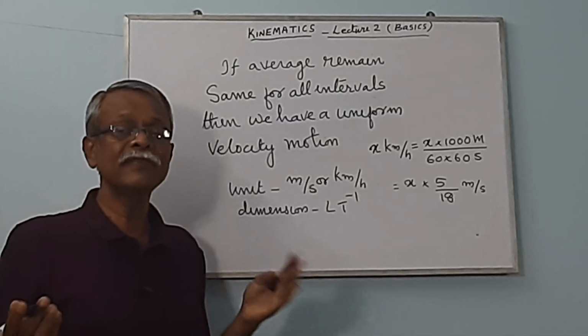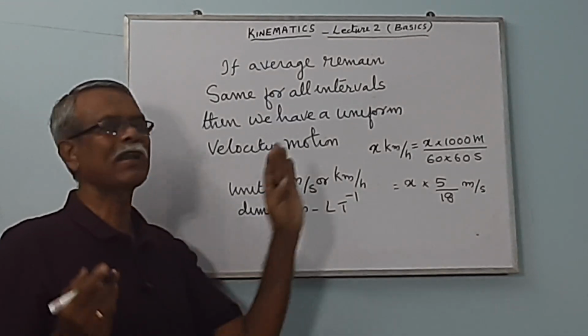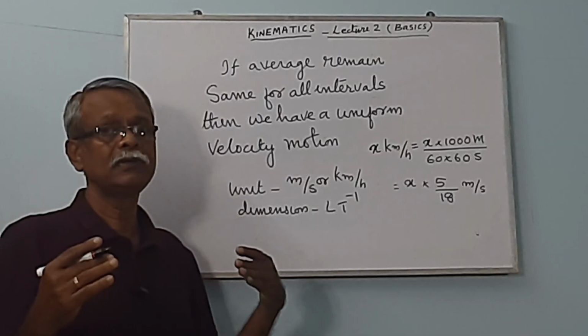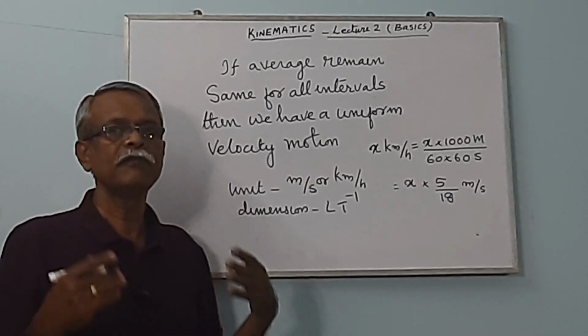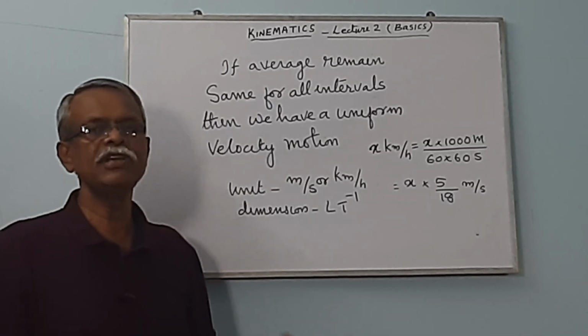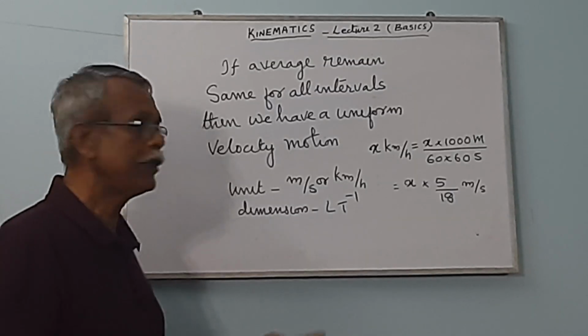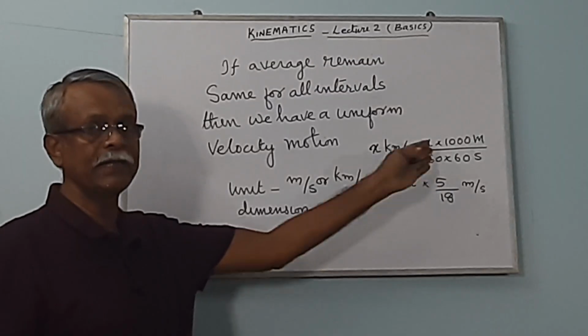Usually in your questions, kilometer per hour is given as multiples of 18: 36, 54, 72, 90, 108, like that. Then you don't need to multiply this.